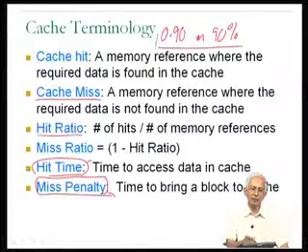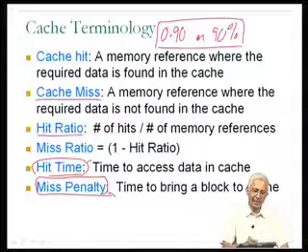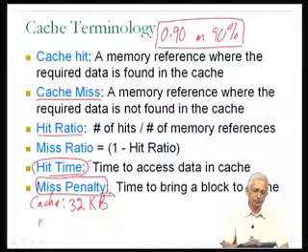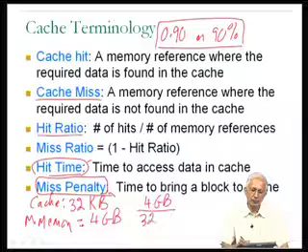Now, this is an amazing number given the size disparity between the cache and the main memory. Remember, the typical size of cache that I mentioned was something like 32 kilobytes, and the typical size of main memory was something like 4 gigabytes. And therefore, the size disparity is 4 gigabytes divided by 32 kilobytes.